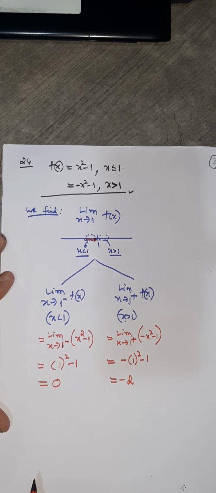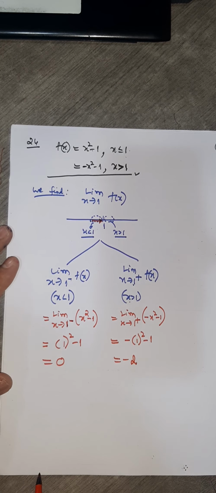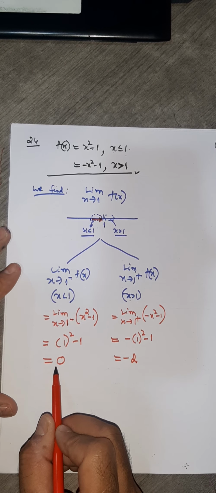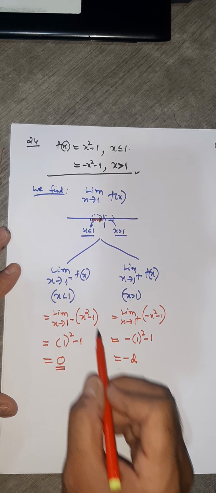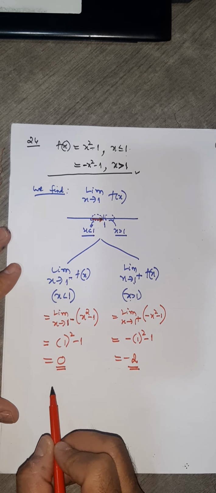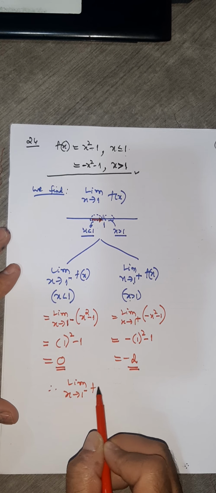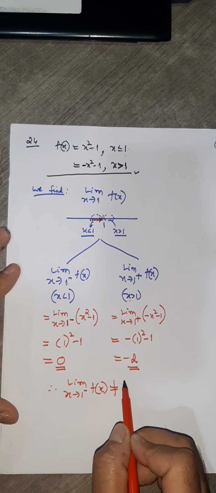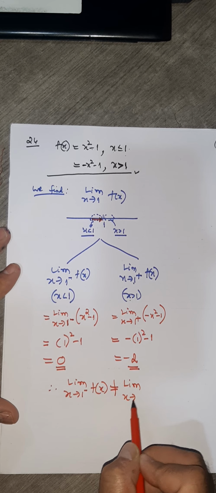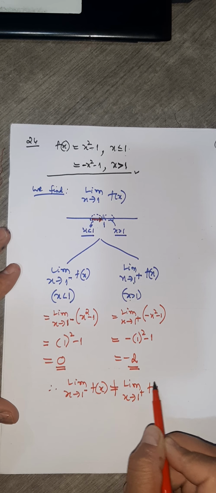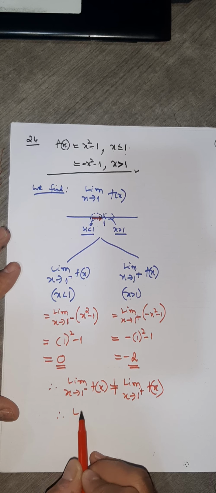Can you recall that box question which we did? See, the limit from left is 0, the limit from right is minus 2. So here, the limit as x tends to 1 from the left of the function is not equal to the limit as x tends to 1 from the right of the function. And therefore, what's the conclusion?